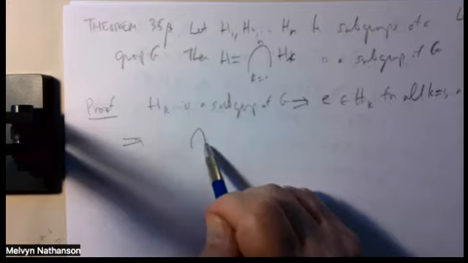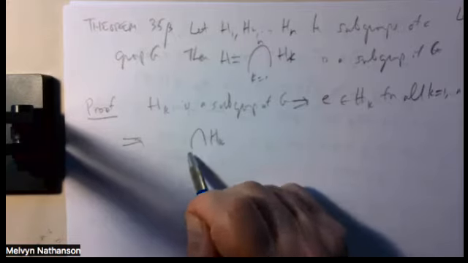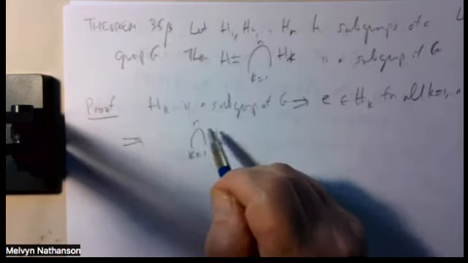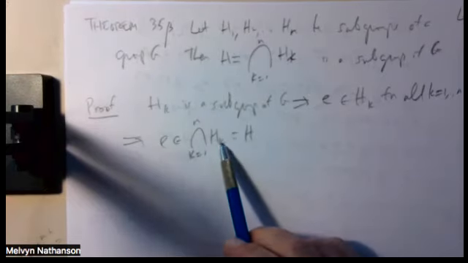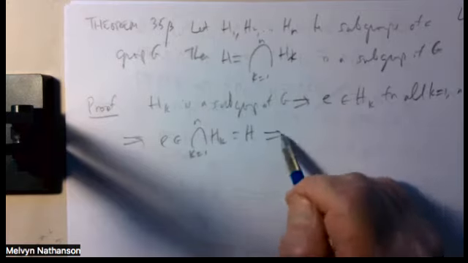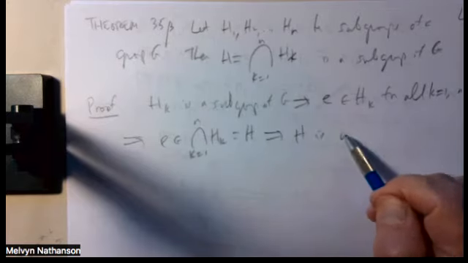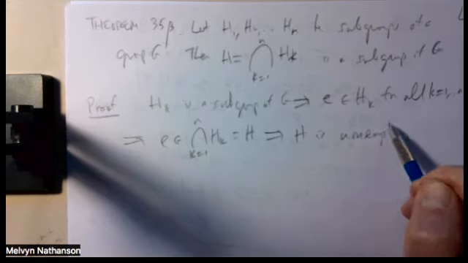Which means if I take the intersection of all of these subgroups, which is this set H, E is in every one of the sets, so E is contained in the intersection. So H is a non-empty set. That was the first condition for being a subgroup. A subgroup can't be empty. It has to have something in it.